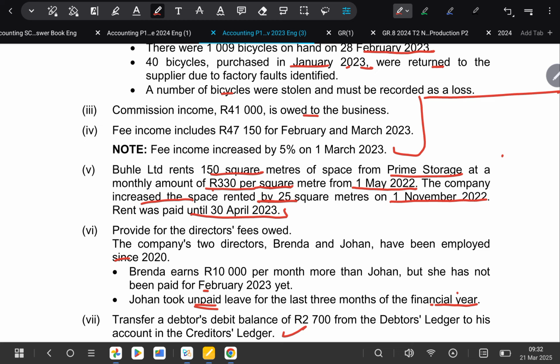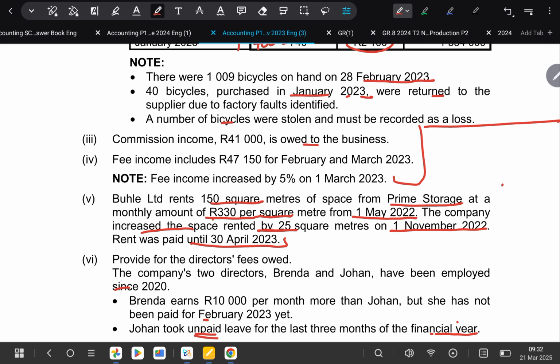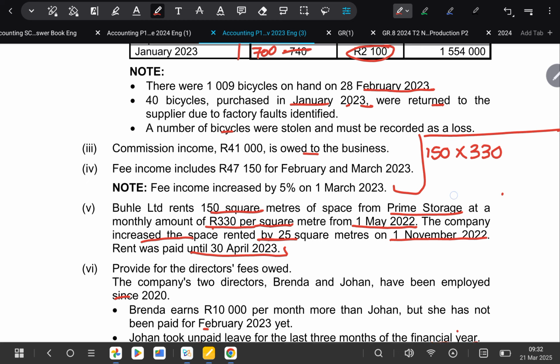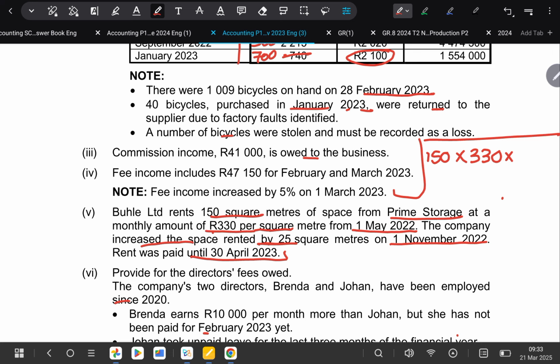Remember they said we started to rent 150 square meters from May. So we multiply 150 by 330 rands, and then multiply this by the number of months that they have rented.